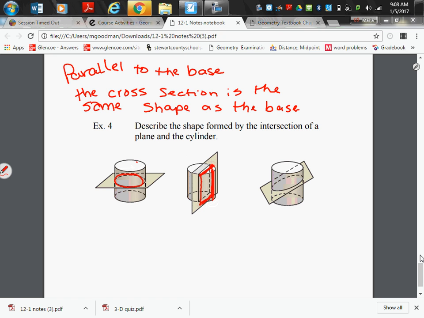So what shape was made when I cut the cylinder perpendicular to the base? All right, Terrence, go ahead. A rectangle? Good. Because when you connect the corners, it makes a rectangle.